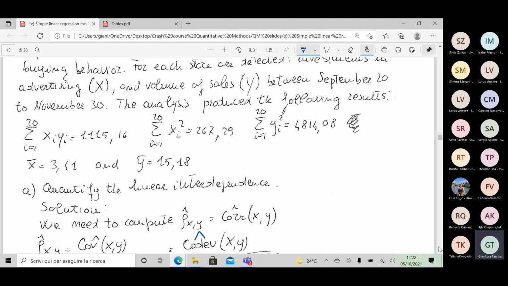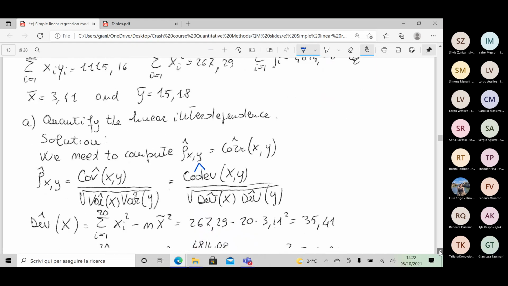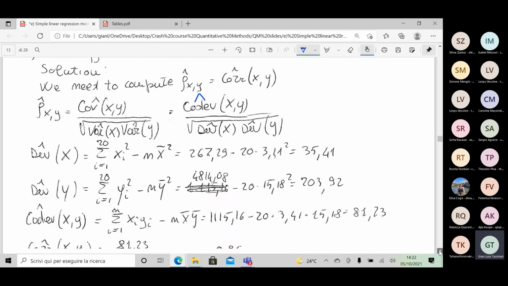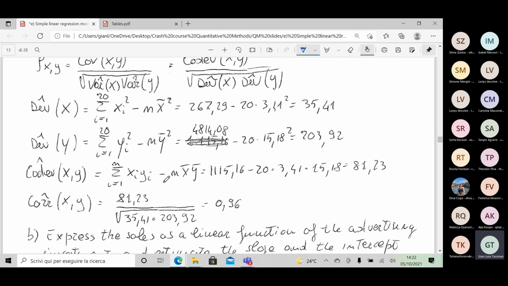So go below. You see the sum of the xi yi. So we have this number minus n, 20, times the sample mean of the advertising expenses times the sample mean of the sales. If you do the computation, you get this result.